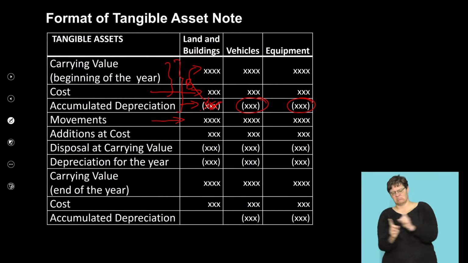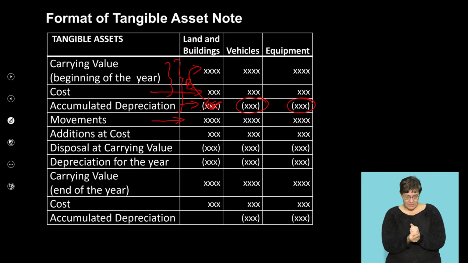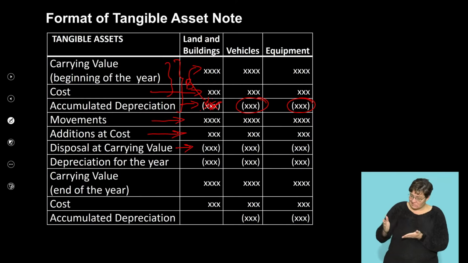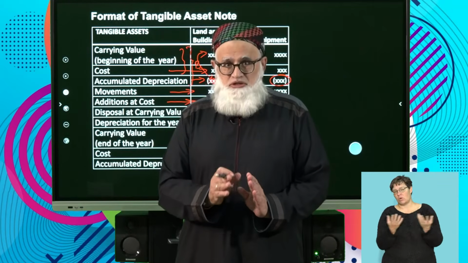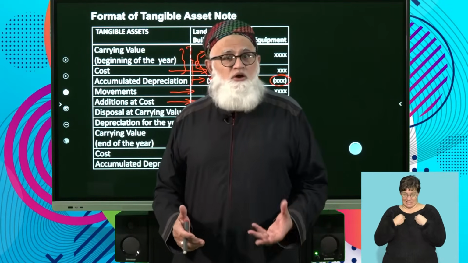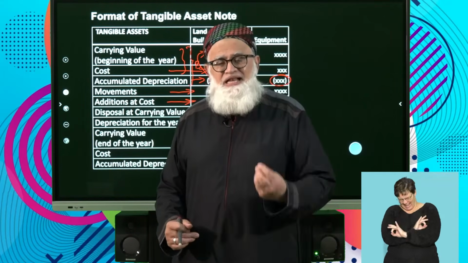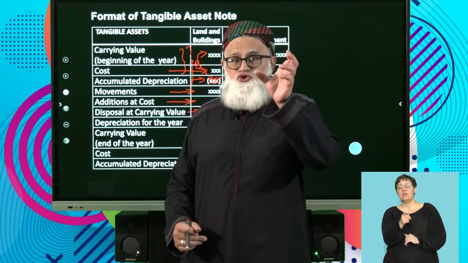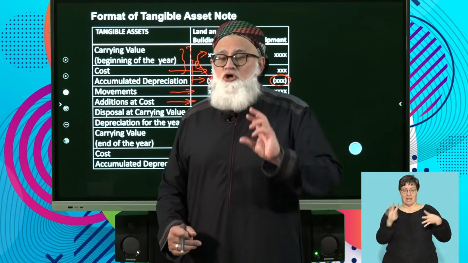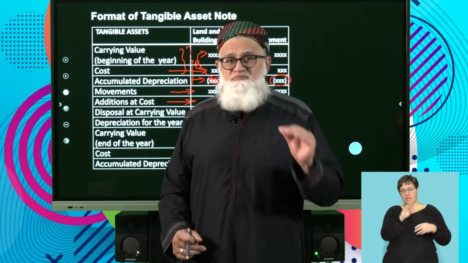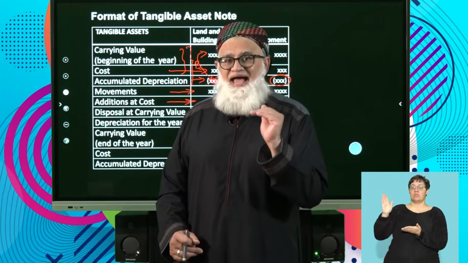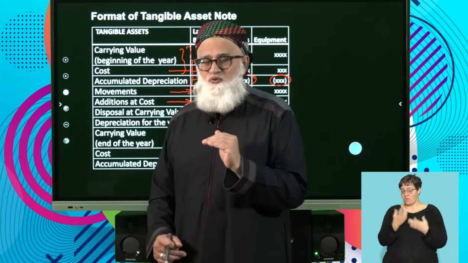Then you have movements during the year. In other words, what happened? Did we buy more? There's your additions at cost. Did I dispose of assets during the year? The important part of the disposal, guys, in fact, in all our lessons, whenever we dealt with a question on asset disposal, we made it abundantly clear to you that you draw up your table, and in your table, you have an item that says disposals at carrying value.